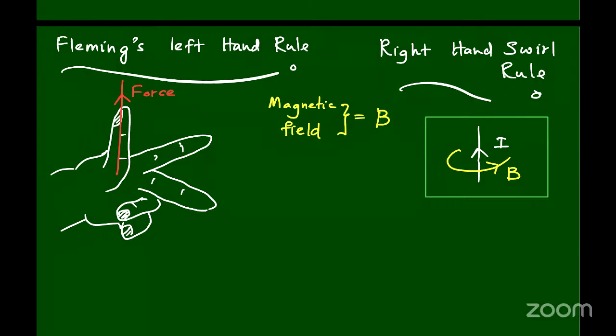And from the index finger, this is the direction of the current. Oh no, sorry. That is the direction of the magnetic field. I'll use a different color. So this is the direction of the magnetic field.